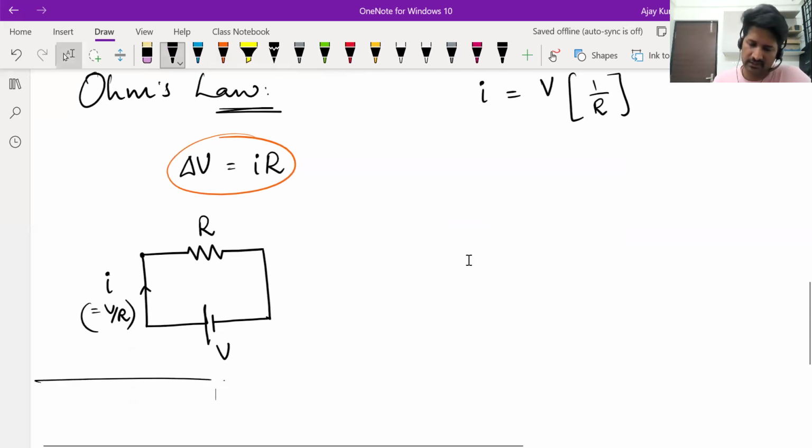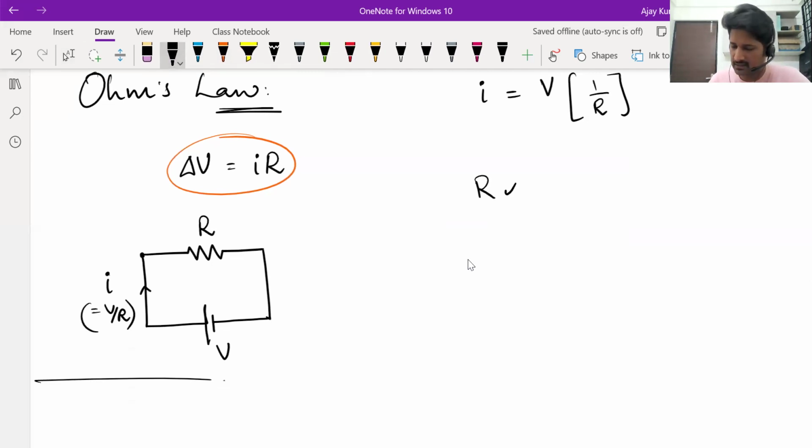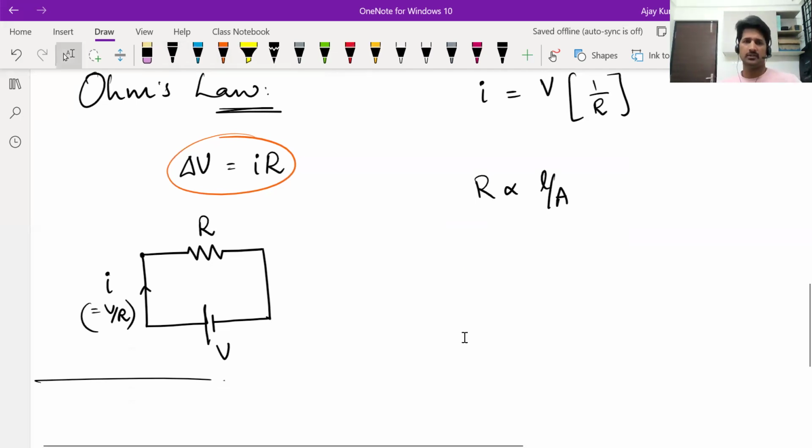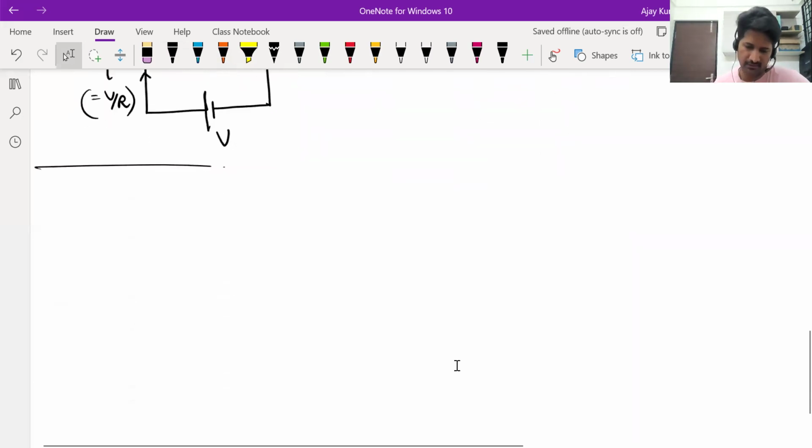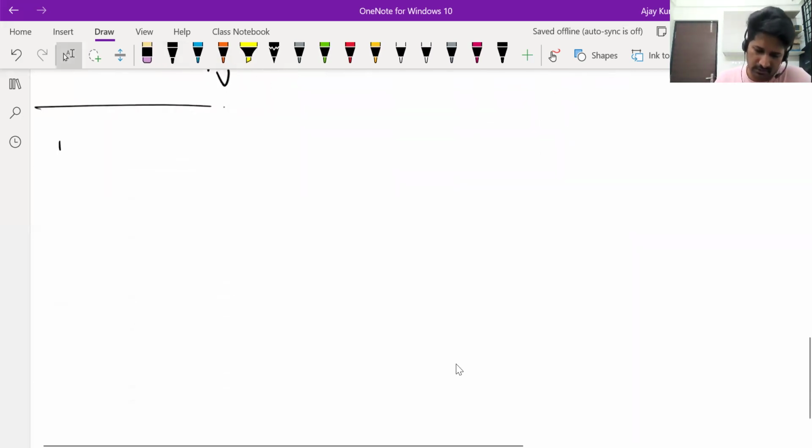And we also discussed yesterday that if the temperature is constant, resistance is directly proportional to length and inversely proportional to area, that is, proportional to L by A. Let's solve one question based on this. Suppose there's a conducting wire.